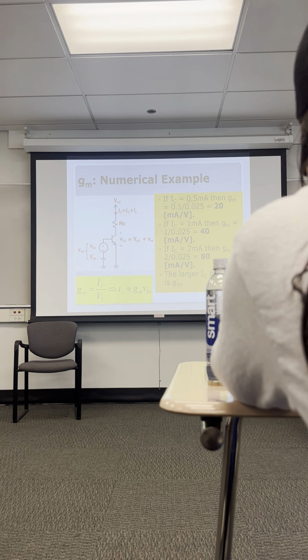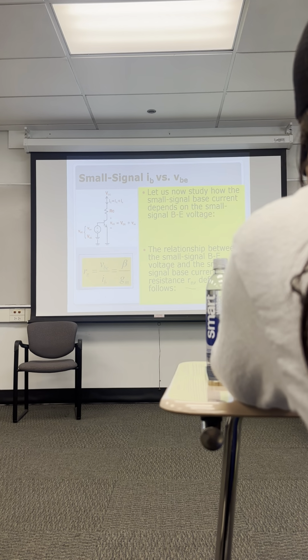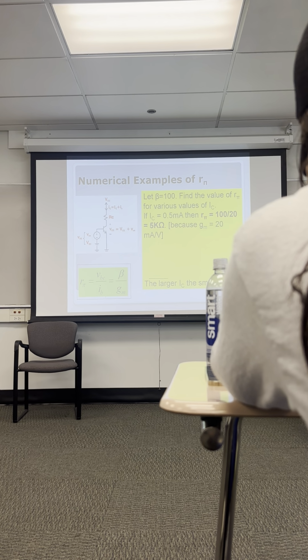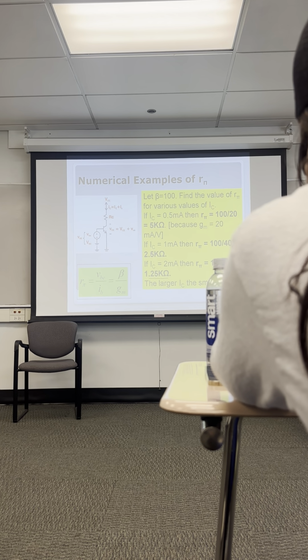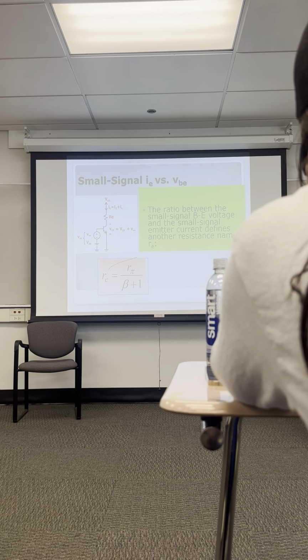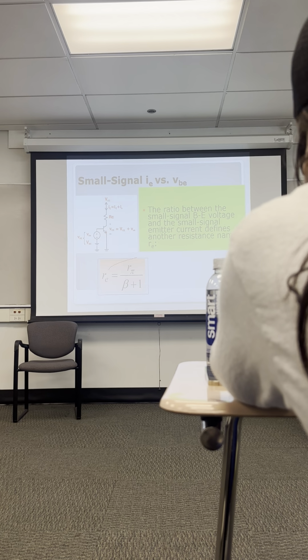The g sub m is I sub C over the thermal voltage, and then r sub pi is beta over g sub m. So r sub pi is beta over g sub m.